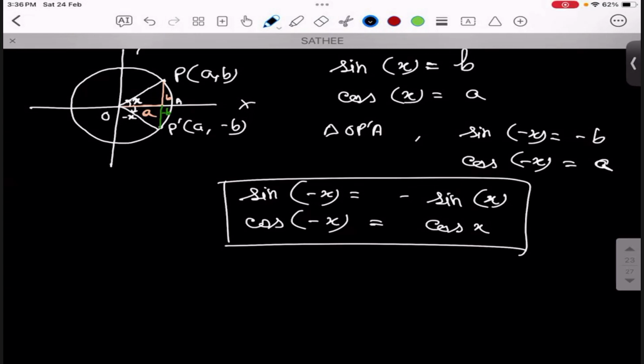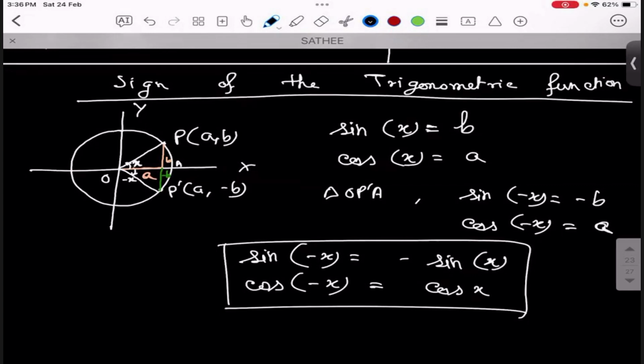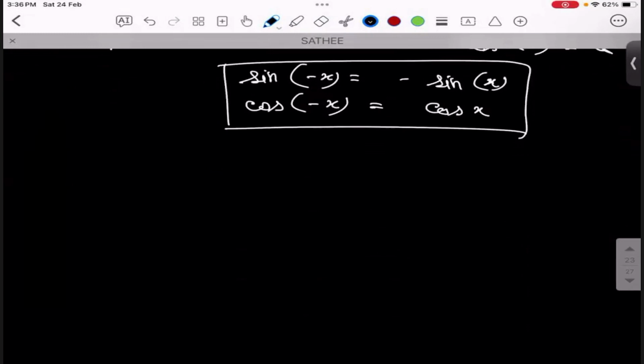Now, some time before we discussed that the sine and cosine functions are positive or negative in some quadrants. So let us discuss the other quadrants. This is the fourth quadrant. To get up to the fourth quadrant, you have to go 3 pi by 2 distance, and after that we arrive at the fourth quadrant.